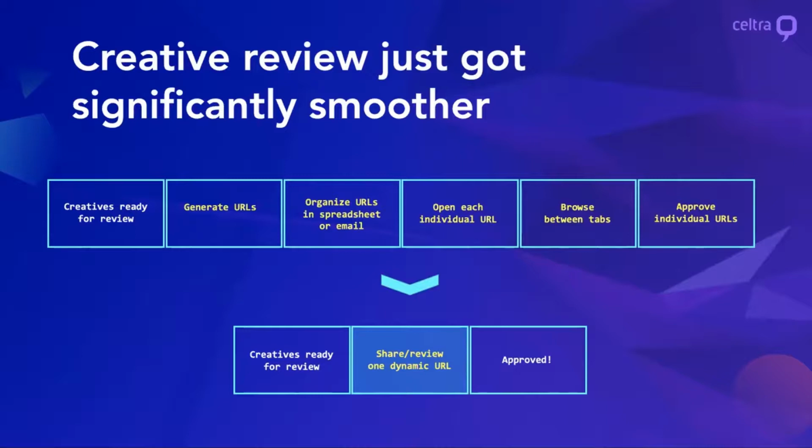And then the reviewer needs to open all those links, switch between tabs to compare and see if everything is as it should be, and then approve individual links. So now I think it's quite apparent that that process will be cut down to a third of what it was.